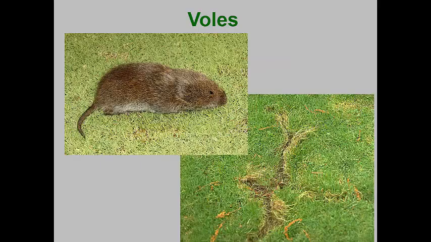Voles are also called meadow mice. These small rodents are a bit larger than deer mice, but they have short tails and smaller ears and eyes. Voles feed on plant seeds, leaves, and the bark of trees and shrubs during the winter months.